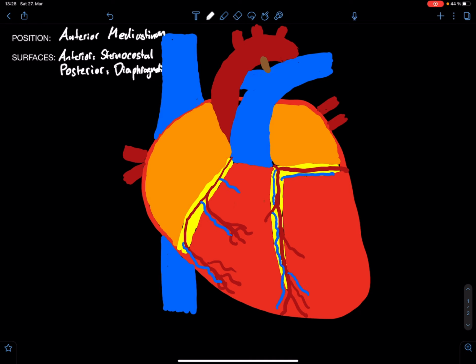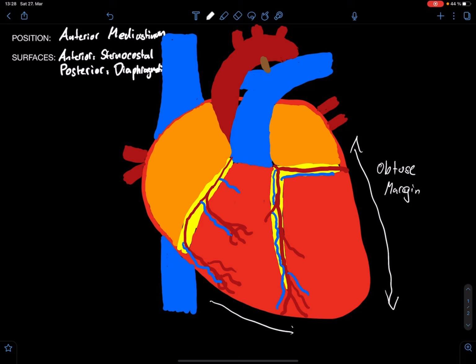Okay, guys. First of all, again, we have the two margins. Here we have the obtuse margin. Here we have the acute margin.